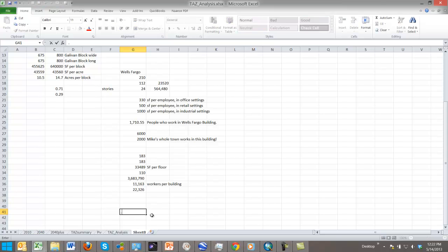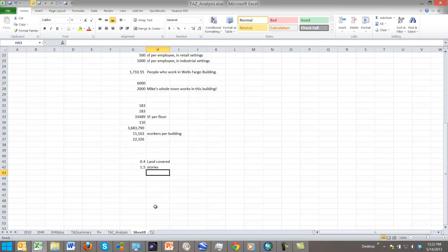So if I say 0.4 of land covered, and if I say the average building height is 1.5 stories, then what does that do for me?